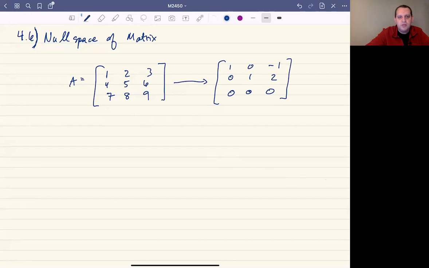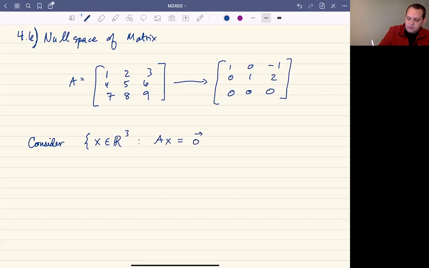And what I'm going to do with this matrix here, and this works with any matrix, it does not have to be square, is consider the set of vectors x in R3 such that A times x is equal to 0.